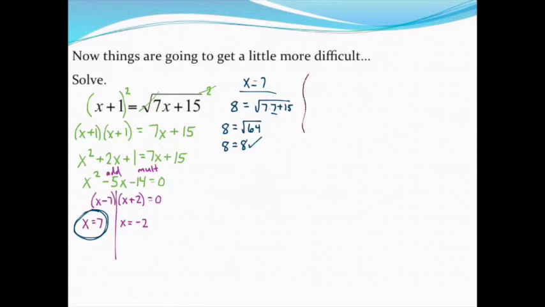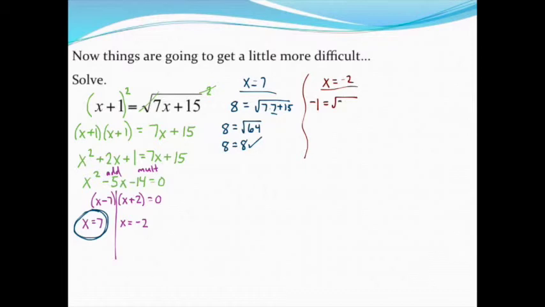Okay, let's try the negative 2 as well and see what happens there. So again, on a side work over here, I'm just testing x equals negative 2. Let's plug in negative 2 for both x's in the original equation. Negative 2 plus 1 is negative 1, which is equal to, and even right there, if you're really understanding square roots, you're probably able to tell that negative 2 is not going to work out.